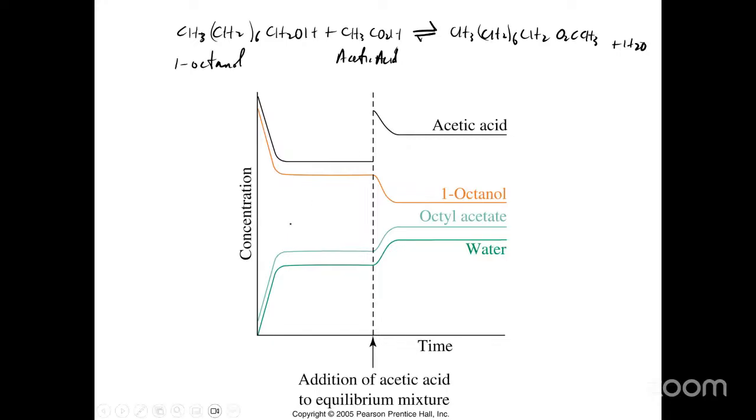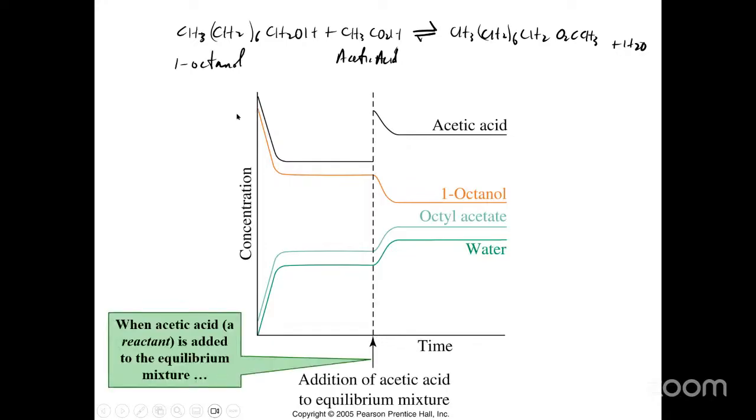So basically, if we're starting at time 0, we have a certain amount of acetic acid and a certain amount of 1-octanol and none of the products, all right? So the reaction will take place between the 1-octanol and acetic acid. And of course, one would expect that the concentrations of both of them would decrease.